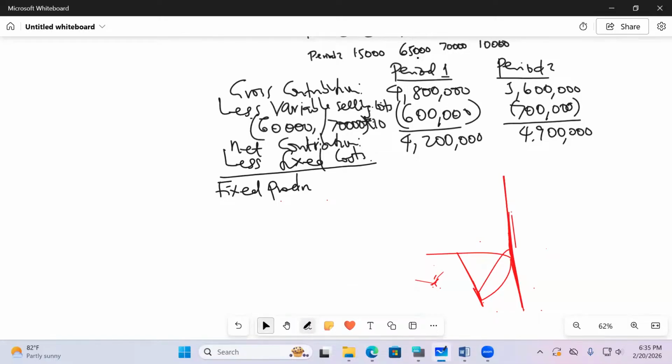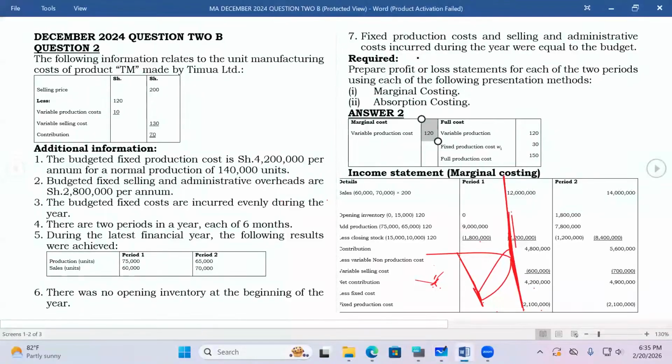Yeah. All right. So then we have here fixed production. We are told in the question from note number 1 that the budgeted fixed production cost was 4.2 million for a whole year. Remember in marginal costing we take them periodically. We have 2 periods, and each period has 6 months. So we apportion the 4.2 into 2 periods.